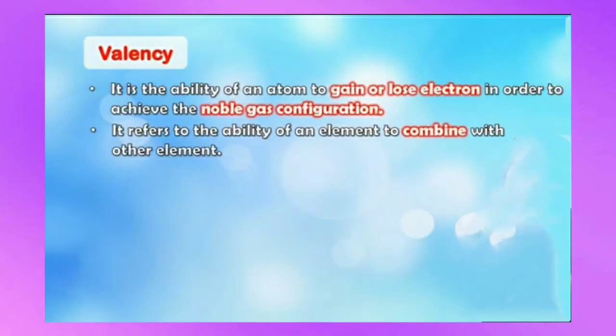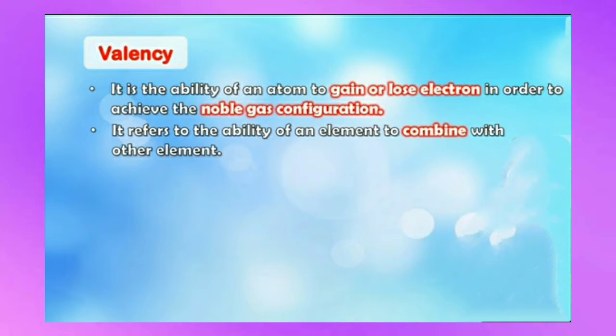Valency. It is the ability of an atom to gain or lose electrons in order to achieve the noble gas configuration. Children, now an atom has the ability to either lose electron or gain electron.